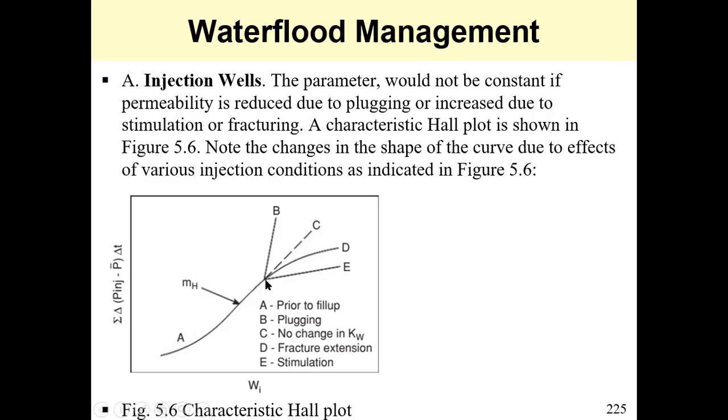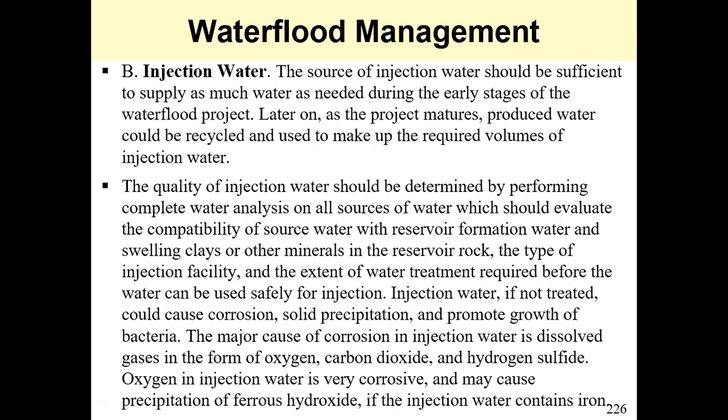However, if after plotting the Hall plot the trend follows B, it means that you have significant flooding. If you're having D, you are actually creating fractures in the reservoir, whilst CE is indicative of stimulation. So probably you had to do some remedial work on the injector well to be good to produce the Hall plot both before and after the job.